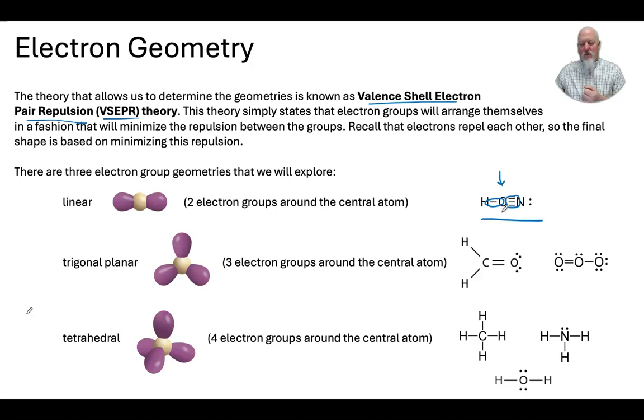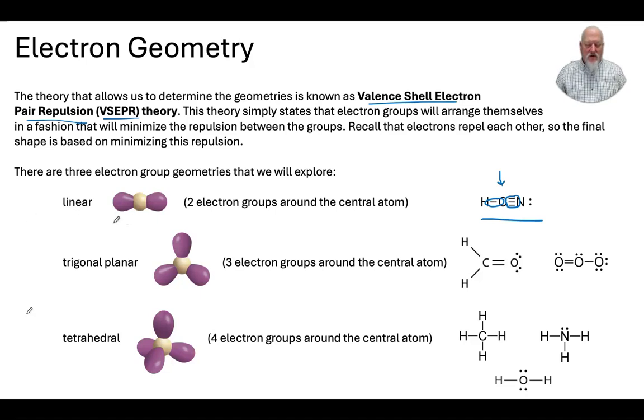There are no non-bonding electrons on that carbon, so I'm only dealing with two electron groups. The single bond and the triple bond are electrons, so they repel each other, and to minimize the repulsion, they go 180 degrees from each other, on opposite sides of the carbon.